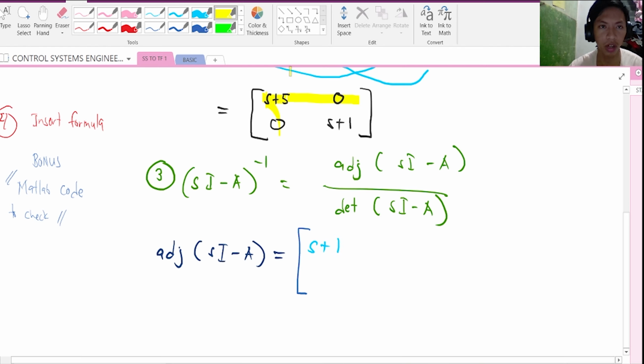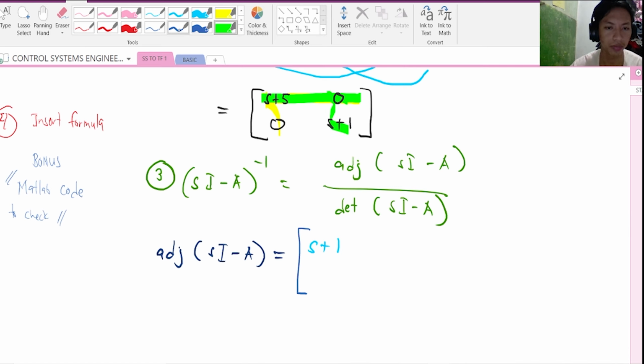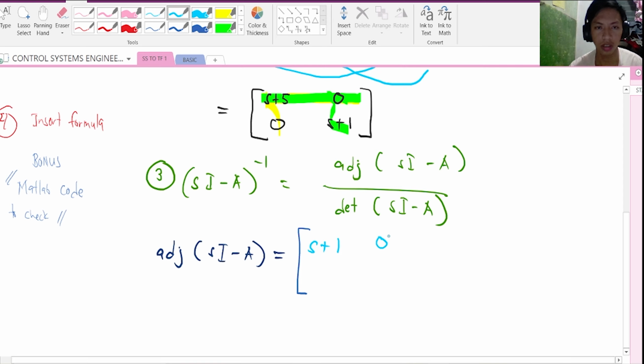Okay, so for this one, we're looking for the cofactor of this one. Therefore, horizontally this is affected, and then vertically this is also. So 0. The same concept with this one, and then this one.